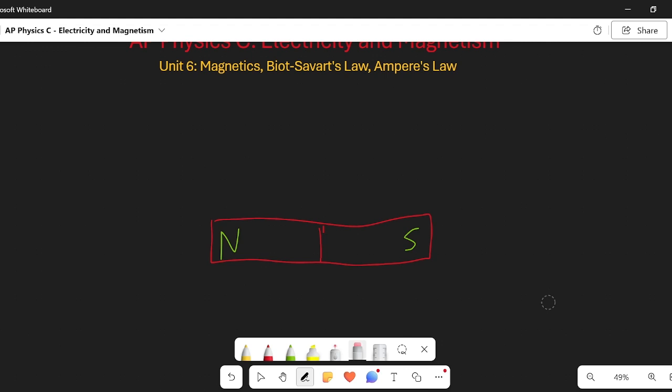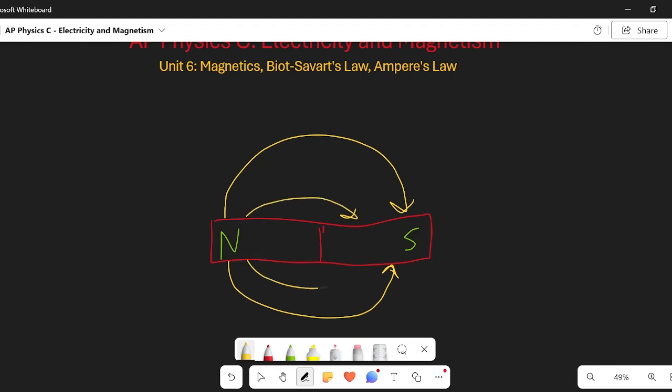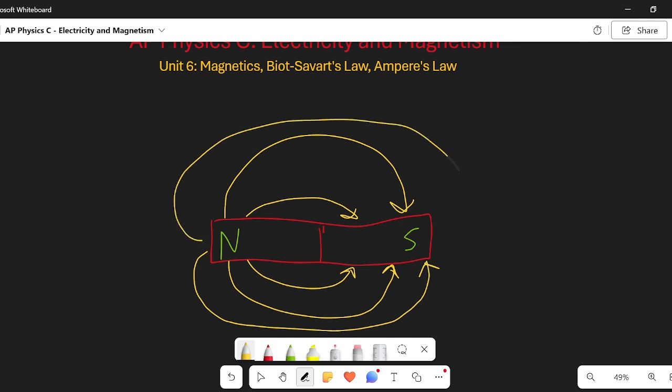So they will essentially look like this. So these are how they're going to look.